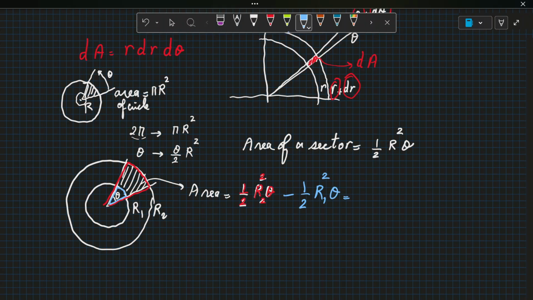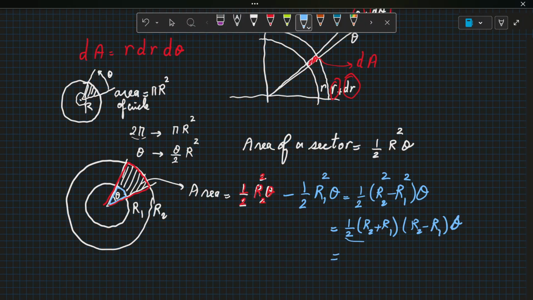Well, let's factor this. I can of course factor 1/2 (r2 squared minus r1 squared) times theta. Well, I can write this thing as 1/2 of (r2 plus r1) times (r2 minus r1) times theta.